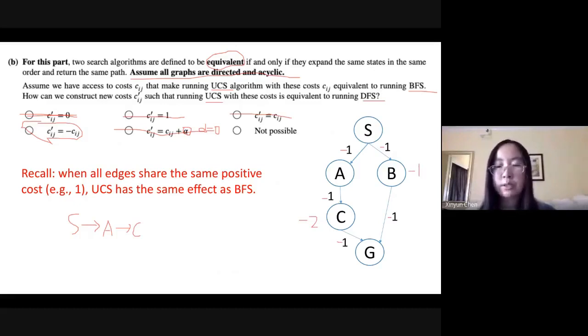So basically the deeper the node is, the lower the cost is, and we will prioritize deeper nodes first. So by adding a negative sign, we make this algorithm equivalent to DFS. So this is the answer.